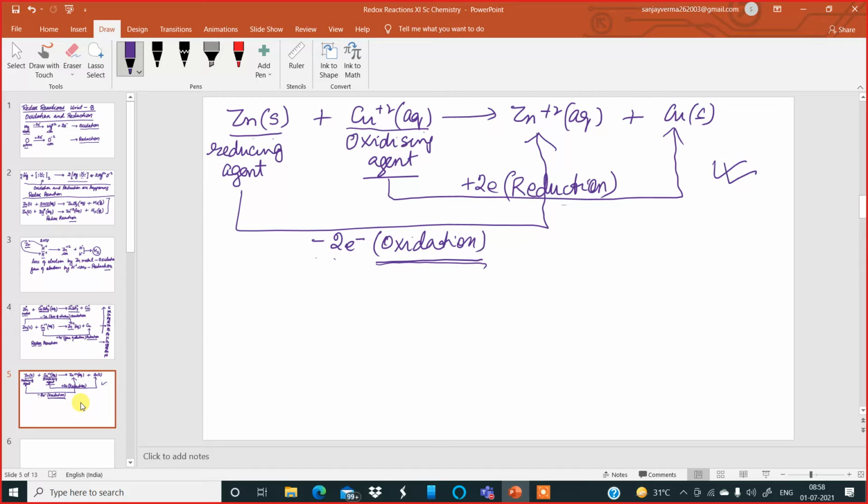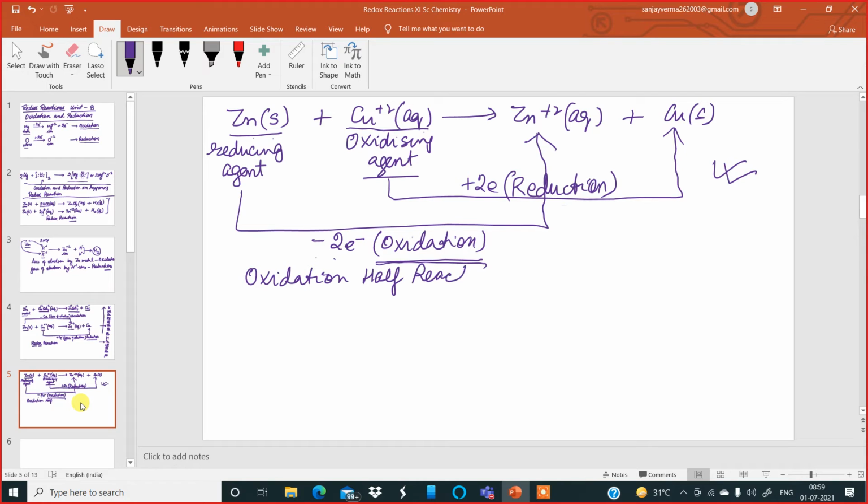It's important. Okay. Now, the other thing I would like to tell you is that it is possible to split this reaction into two half reactions. The first one will be called the oxidation half reaction.